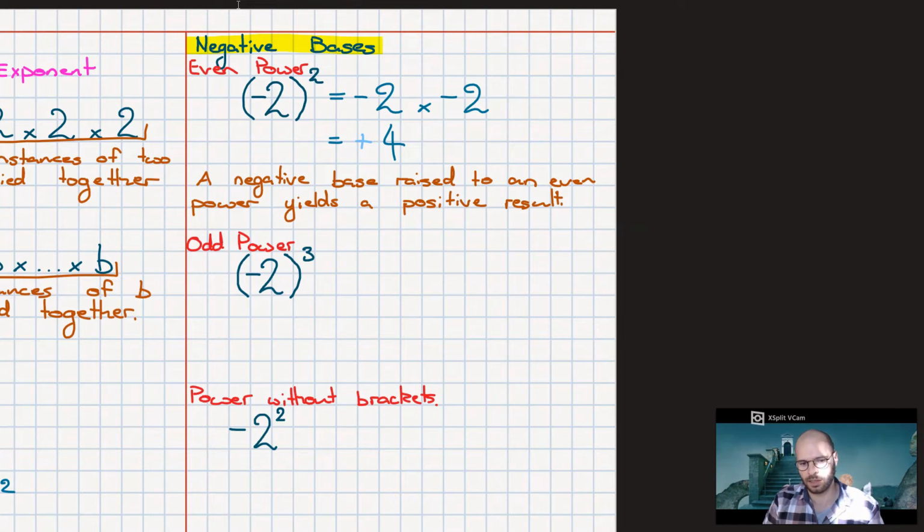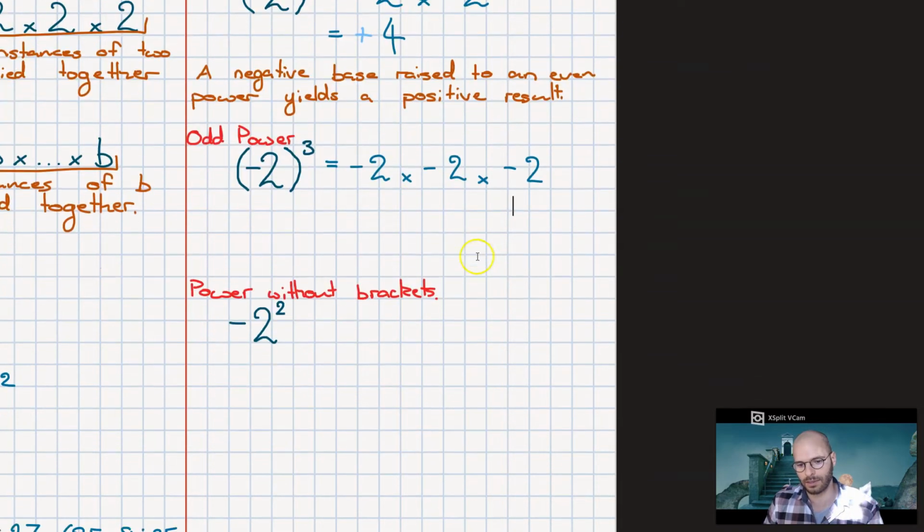So now let's consider when we have an odd power. So we've got a negative base raised to an odd power. Breaking this down again, it will become -2 times -2 multiplied by -2. The first two factors multiply together and yield a positive result, so that will come out as +4 times -2.